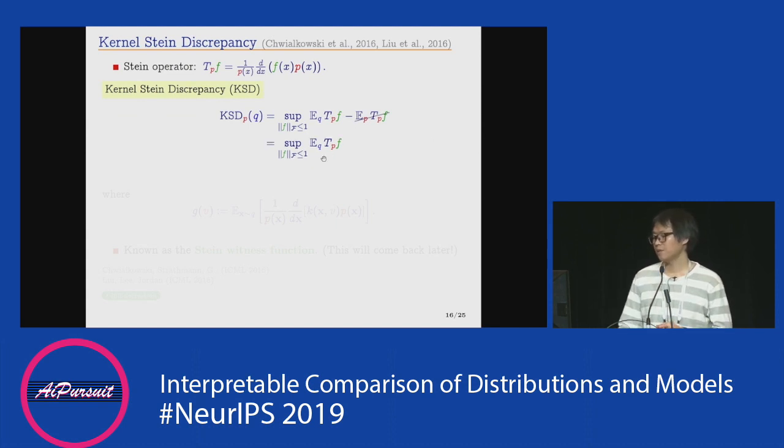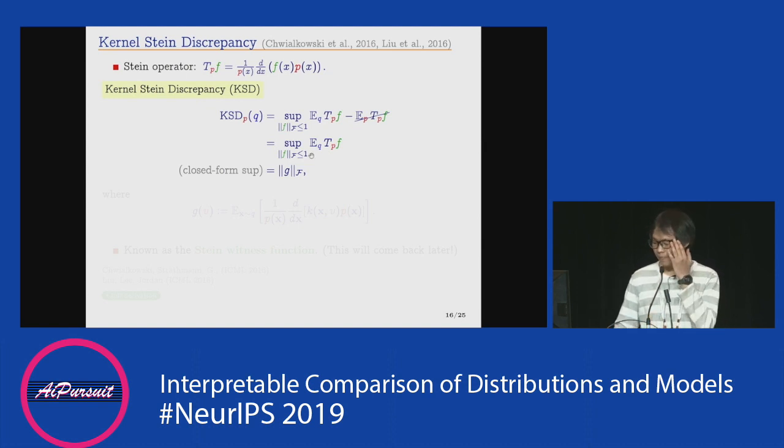And remember from the first part of the tutorial on the MMD, the 2D picture of the unit ball when we derived the witness function? It's actually the same argument here. It turns out that the supremum can be obtained in closed form, and it is given by the norm of a function g, where g looks like this.